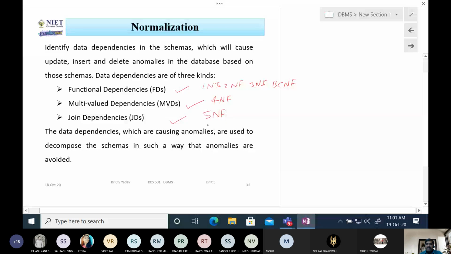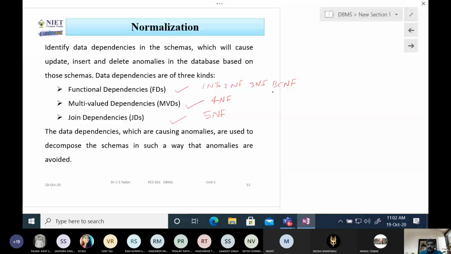For removing the anomalies, we decompose complex relations into simpler, smaller, and well-structured relations or tables. But we have various constraints through which we decompose the relations.